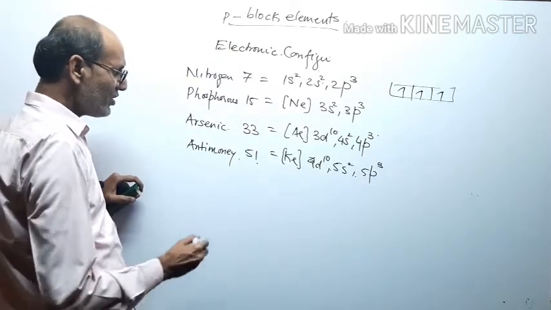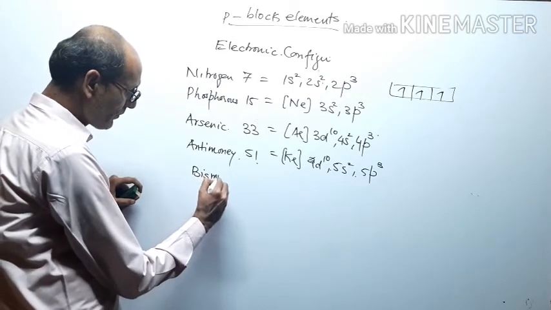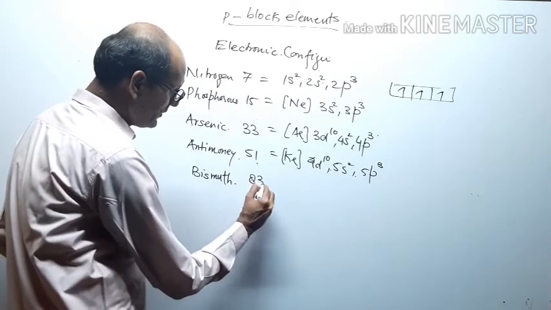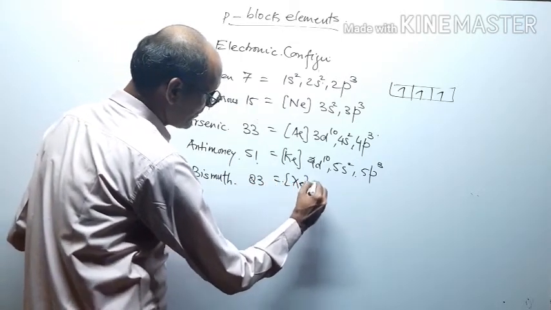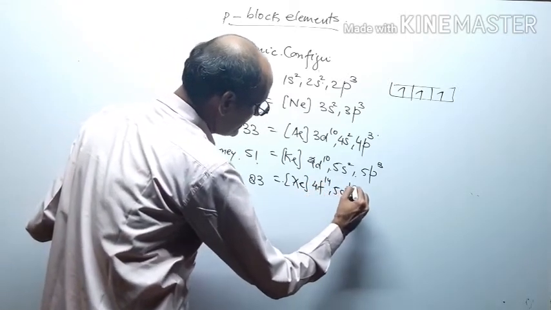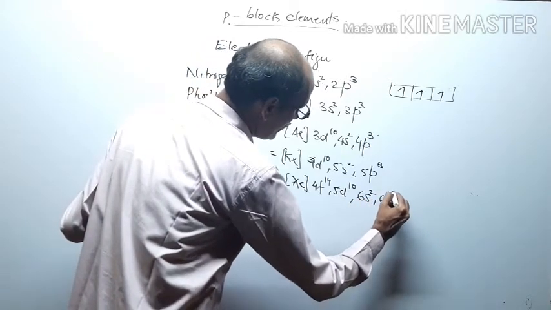After that, the last element, that is bismuth, and its atomic number is 83, and it will be Xe, 4f14, 5d10, 6s2 and 6p3.